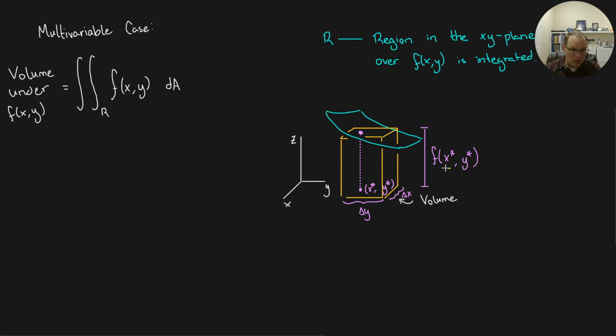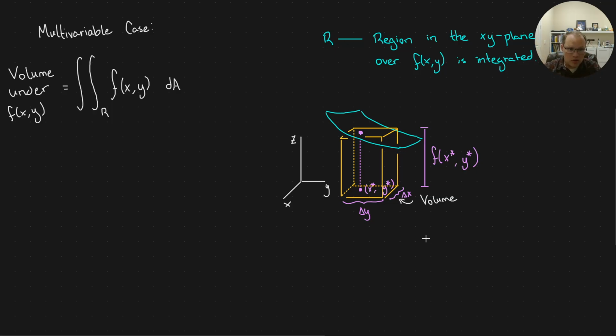And again, the only condition for x star and y star is that it's some x and y in the base of this rectangular prism. It lives somewhere in the base here. Any x, y that lives there will work and will be a good approximation for the height of the surface.